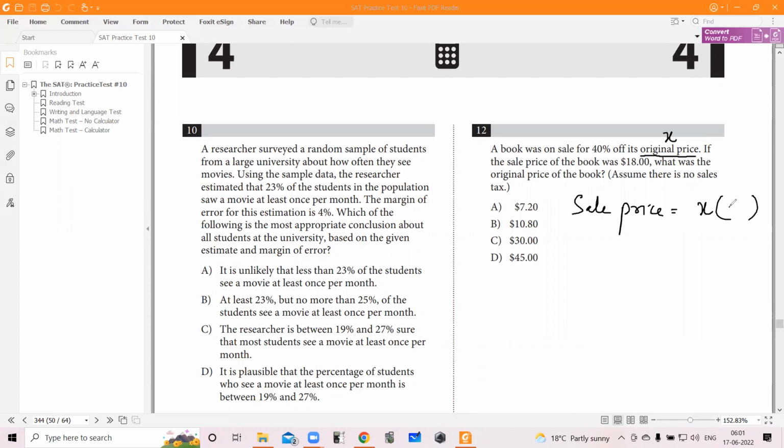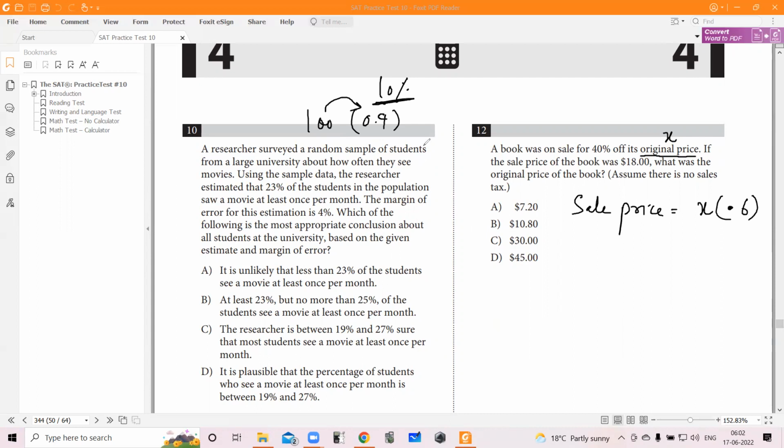Isn't it 1 minus 0.4, which will be 0.6? Because you are decreasing 40%, right? For example, if you have $100 and you're decreasing by 10%, what will you multiply?